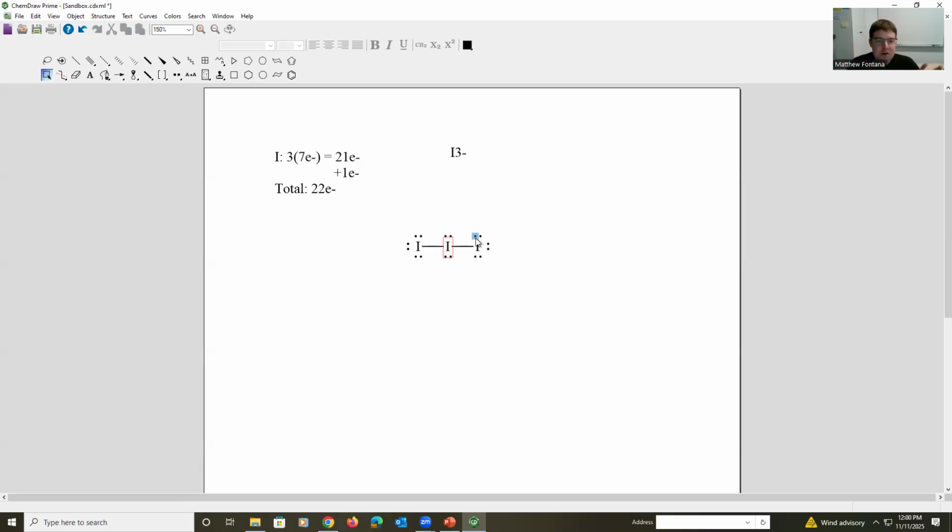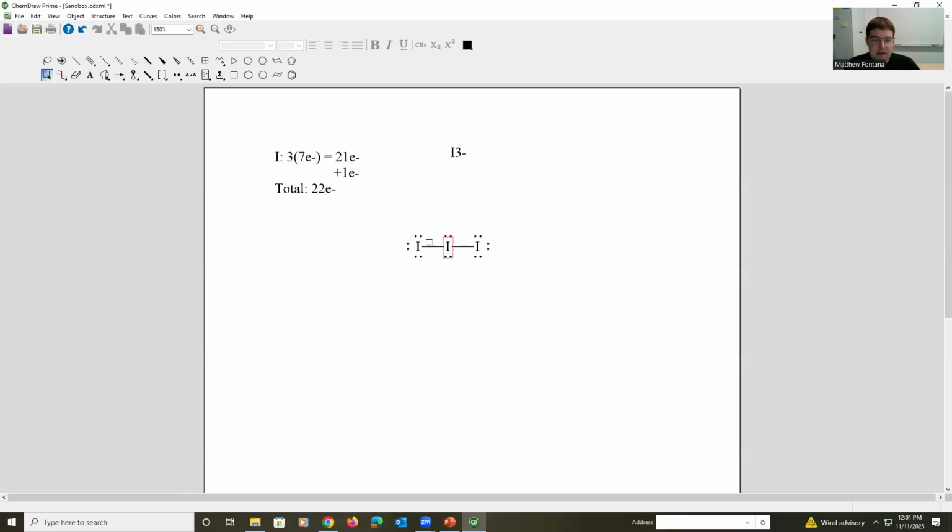Okay. So we are showing here 20 electrons, and we need to use 22 from the math that we've done. And so what this means is we need to add another two electrons.